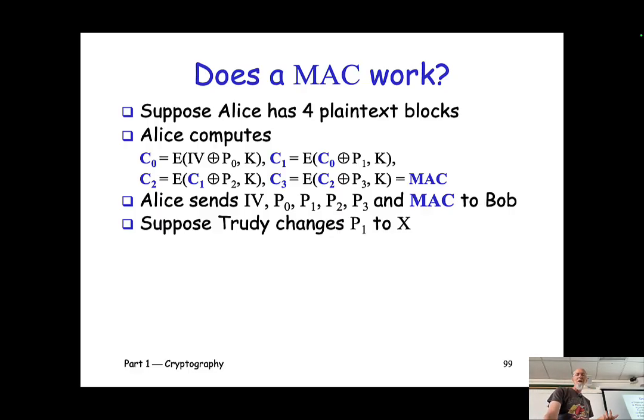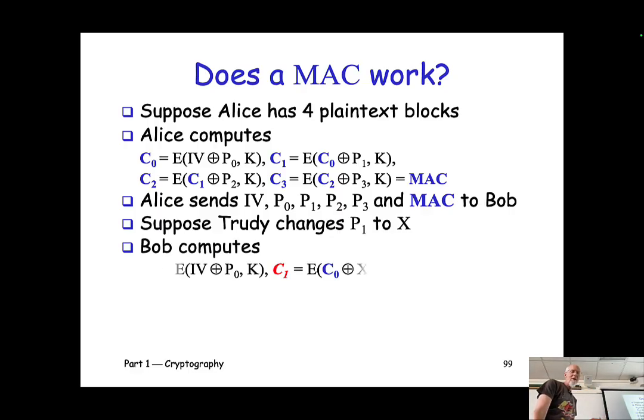Now what happens when you run this process? Well, Bob has the IV, right? He has the plain text block P0, and he knows the key. That still comes out the same as what was up here. But when he gets to block P1, it's incorrect, right? So when he XORs it with C0, which was correct, and encrypts that with the key K, he gets something else. Let's call it red C1. What happens next?